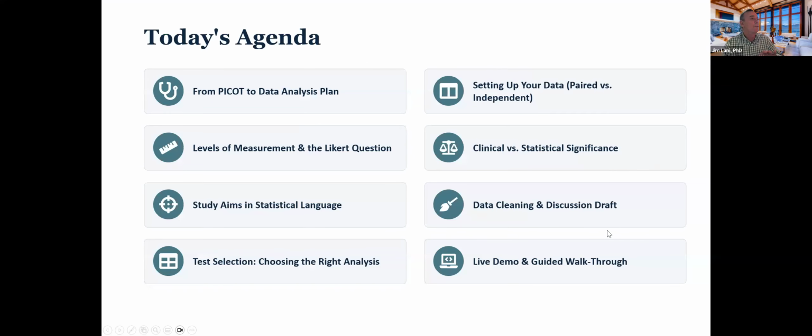I'm going to go over PICO questions and how they relate to data plans and levels of measurement. I'll be brief, but everyone needs to know that. Then how study aims filter into statistical language, which really drives the data plan, and then choosing the right data plan. Those are really important things. Then setting up the data. Most DNPs are doing paired t-tests.